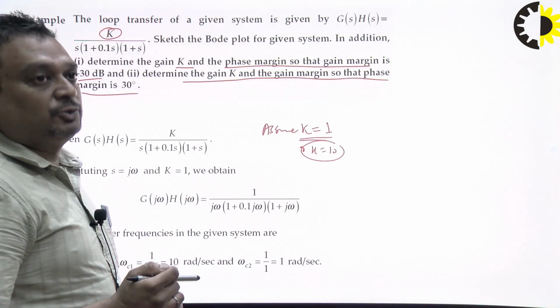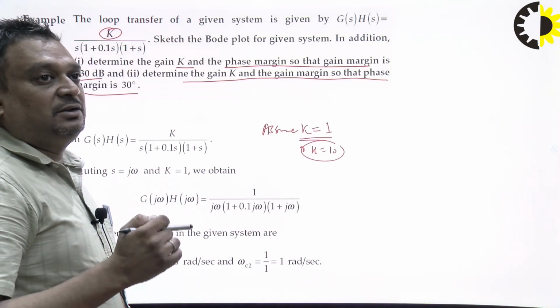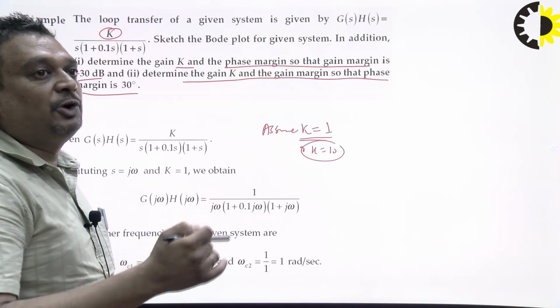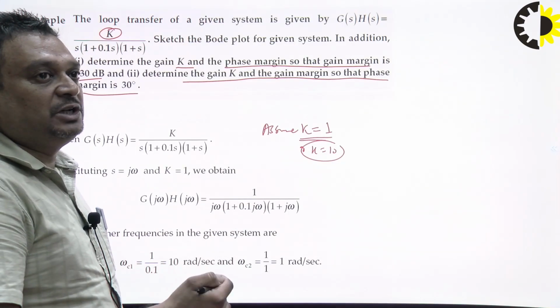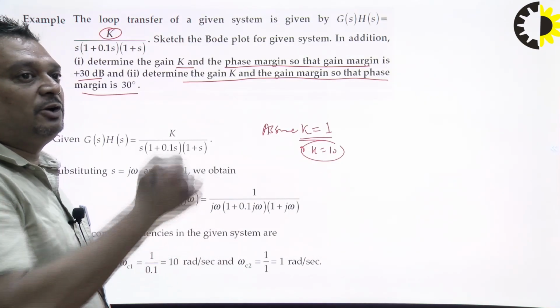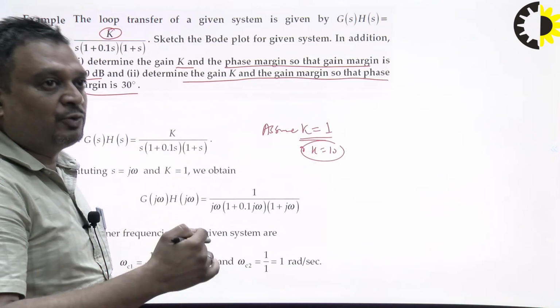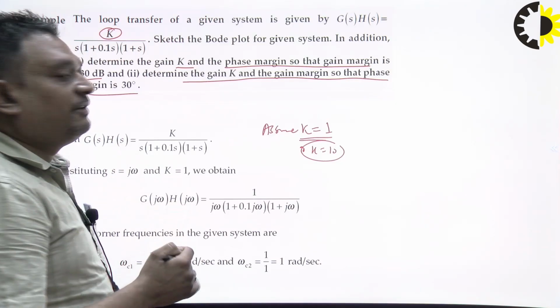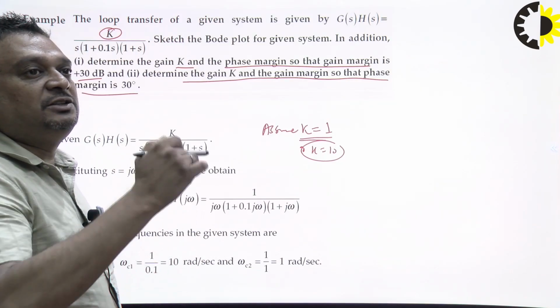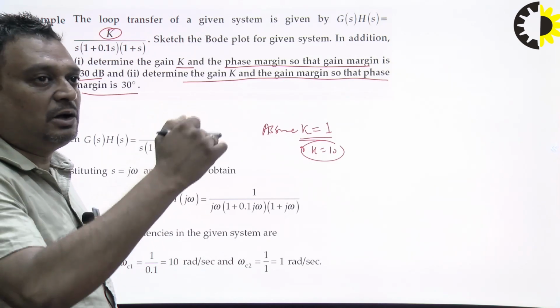So what you have to do for that gain margin for stability, if you want to make your gain margin from plus 20 dB to 30 dB, then you have to shift your whole magnitude plot by 10 dB in the downward direction. And similarly, in case of phase margin, if you want to increase the phase margin, then you have to shift your plot upside.